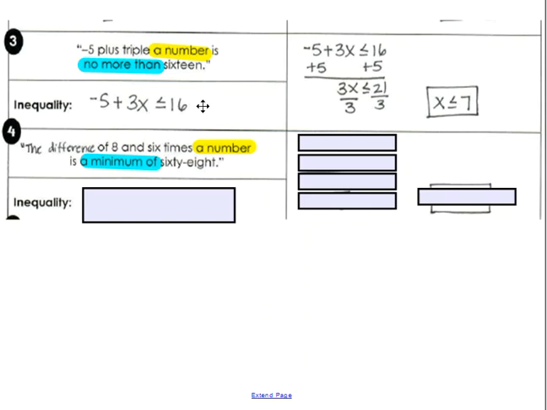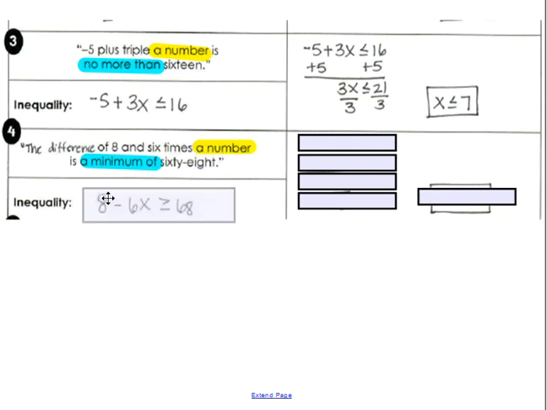And number 4, the difference of 8 and 6 times a number is a minimum of 68. So let's look for some keywords here. The difference means we'll be subtracting 8 and something else. That something else is 6 times a number, so 6 times a variable.